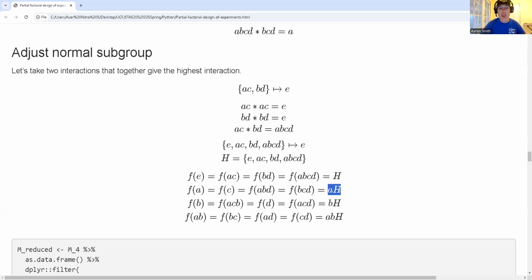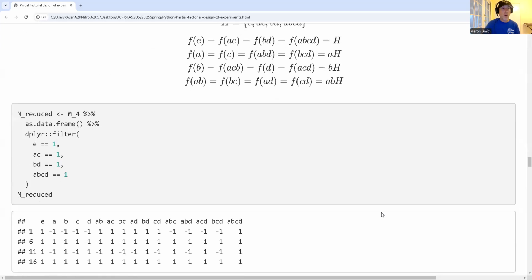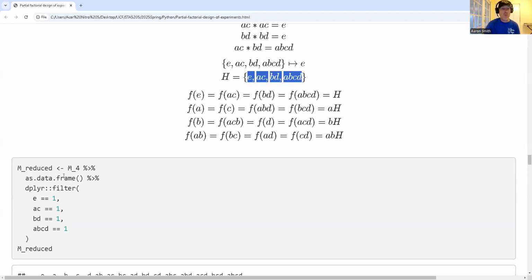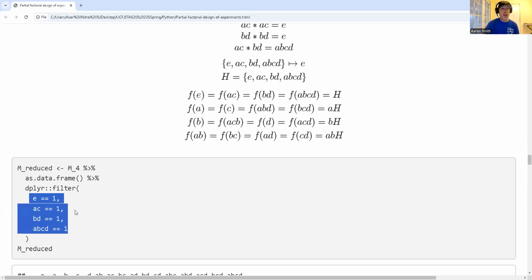That's A times H. And so I can keep on going down the list. And you'll notice I'm setting it up so that I'll pick up the intercept, A, B, and AB as well as I possibly can. So I'm saying that these four elements need to be mapped to the identity. To represent that with my matrix, when I filter out my data, I'm going to say each of these needs to be equal to 1.